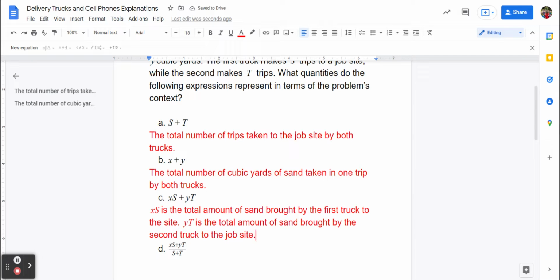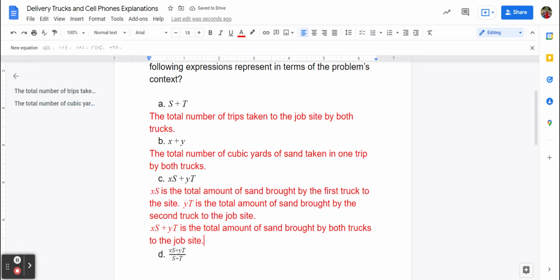So XS plus YT is the total amount of sand brought by both trucks to the job site. Okay, so in all, the sand that was brought total.